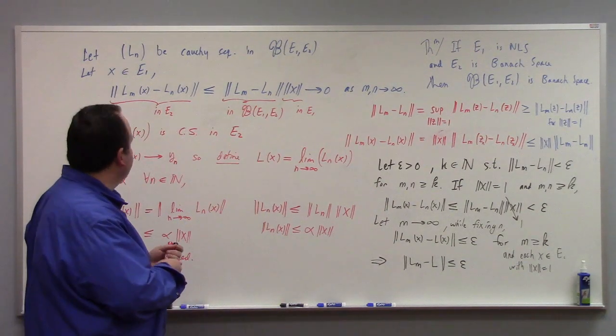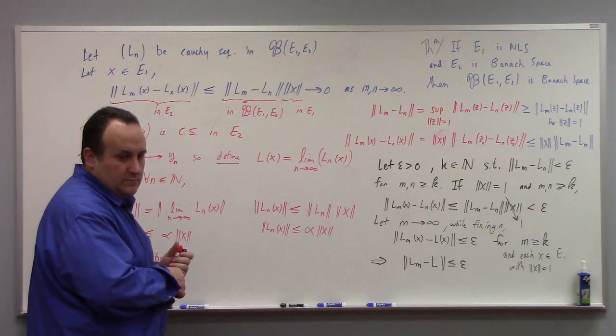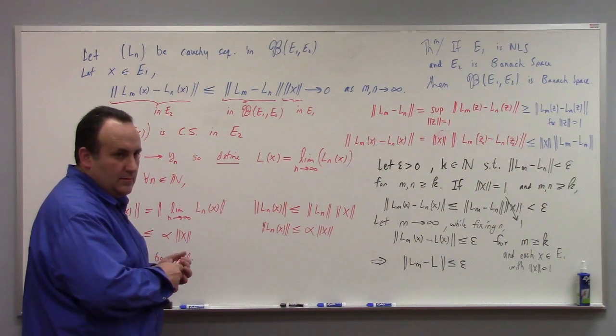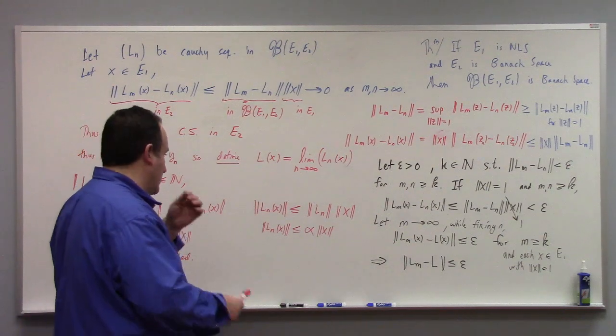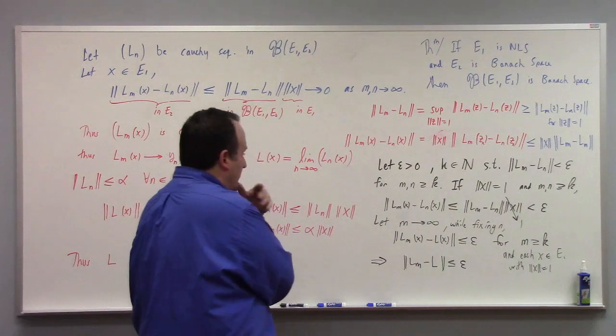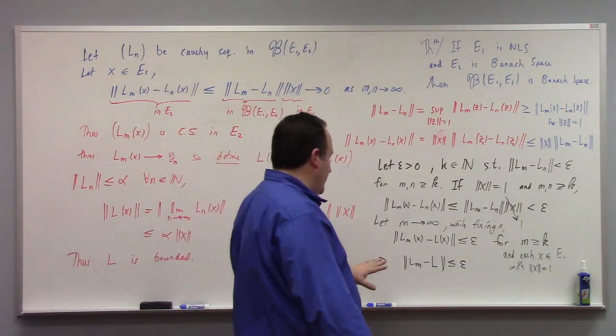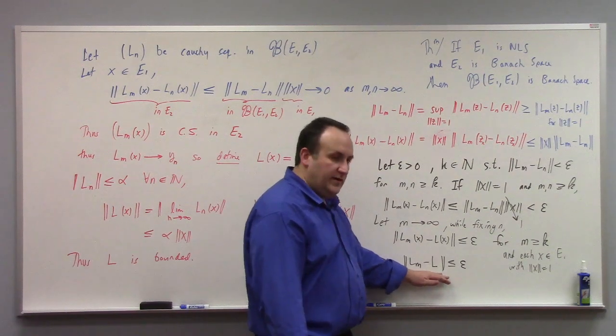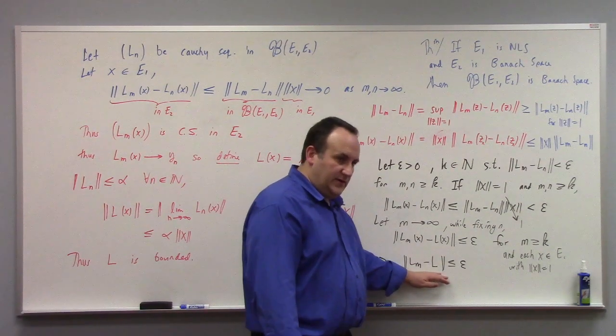So yeah. Sorry, how do we get to the last step? Oh, this last step? Yeah. So remember the norm, this, right, is defined to be the supremum of the values of this operator on the unit ball.